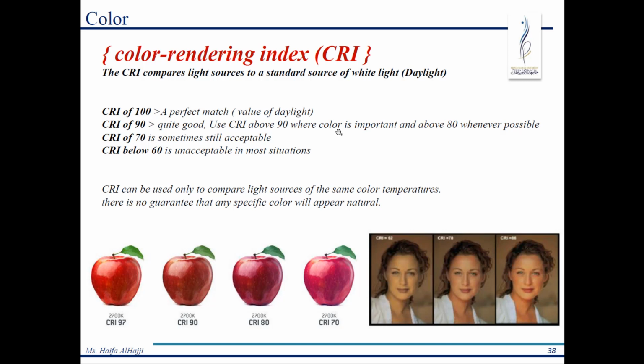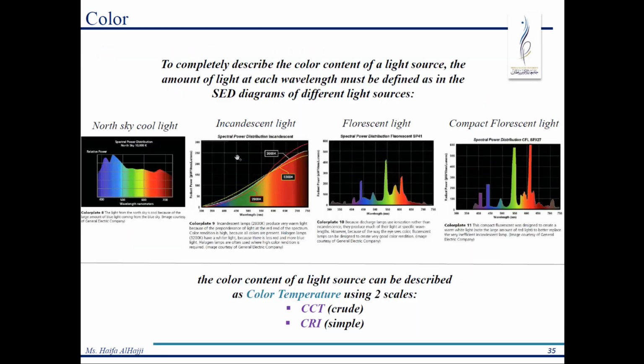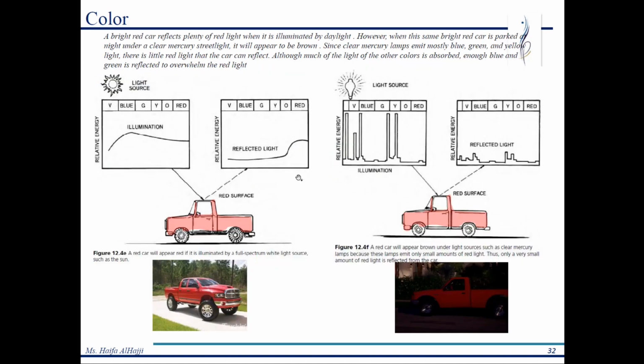Our ideal light definitely is the white light of the sunlight, as we can see in here. CRI of 100 is the perfect one, a perfect match for the value of daylight. Then we're going to compare our source of light to that light. As we can see, the SPD for that light is that one.